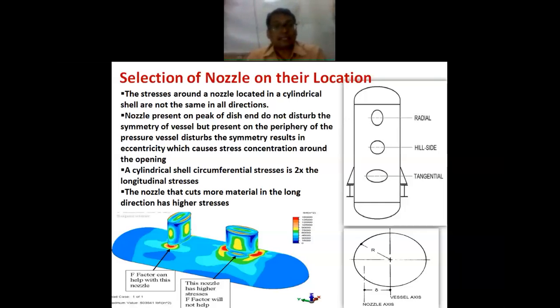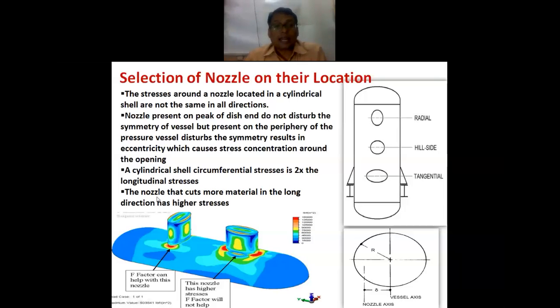A nozzle present on the peak of a dish does not disturb the symmetry of the vessel, but one present on the periphery of the pressure vessel disturbs the symmetry, resulting in eccentricity which causes stress concentration around the opening. In a cylindrical shell, circumferential stress is 2 times the longitudinal stress.